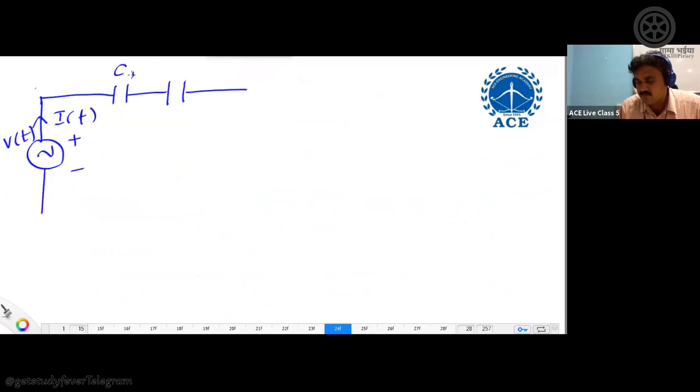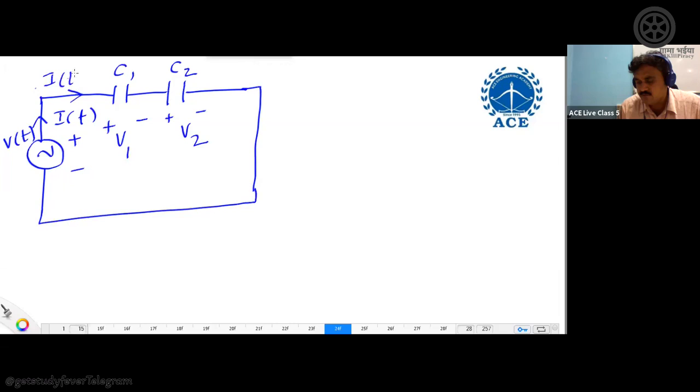Let their values be C1 and C2. Let the values of voltages be VC1 and VC2, or V1 and V2.